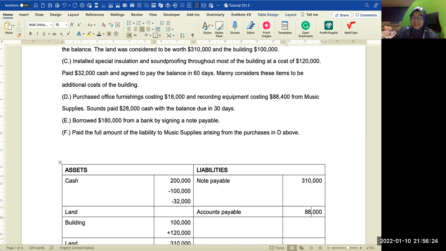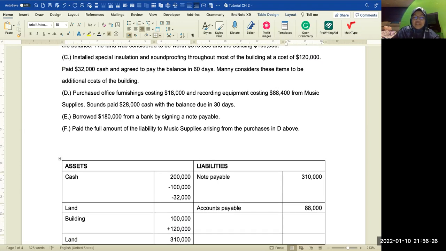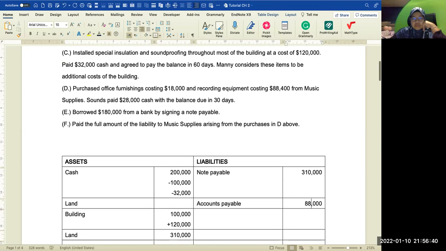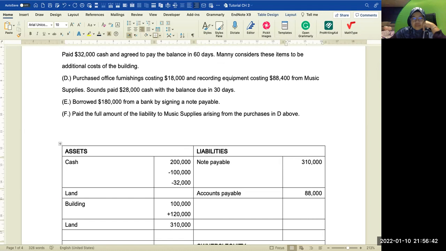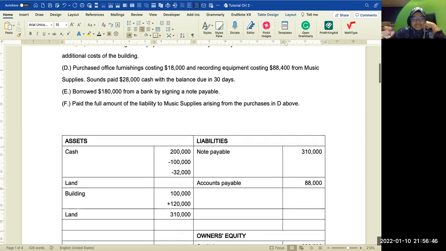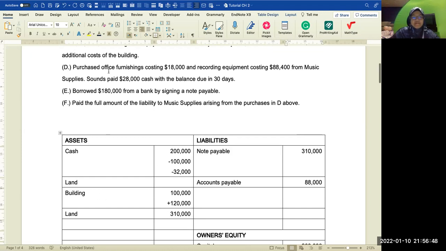Hidayat, can you speak? Okay, I try. D, purchase office furnishing costing 18,000, recording equipment costing 88,400 from Music Supply, Sounds. Paid 28,000 cash with the balance due in 30 days. All right, what do you have here? Wait for a while.